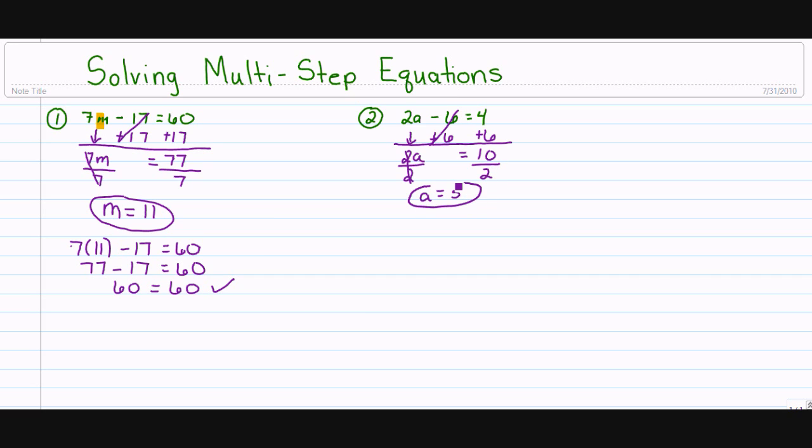I'm going to plug that back in to check my problem. 2 times 5 minus 6 equals 4. 2 times 5 is 10 minus 6. And 10 minus 6 is 4. 4 equals 4. I know I got the problem right. Let's go ahead and do another one.